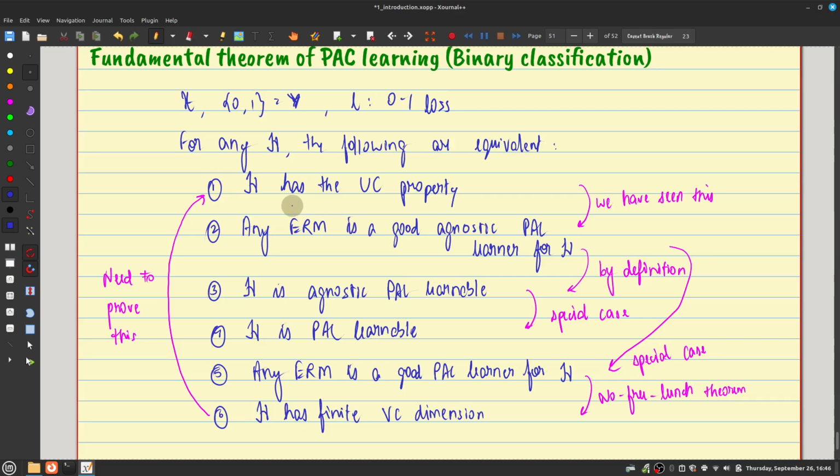So if your hypothesis class satisfies the uniform convergence property, then it's PAC learnable and it must have finite VC dimension, and ERM is always going to be an agnostic PAC learner for H. Some takeaways from this fundamental theorem: if you're doing binary classification, then you know which algorithm you have to pick. You just pick ERM because it is going to be an agnostic PAC learner. You don't have to worry. It may not achieve the best sample complexity, but it's still going to do reasonably well.